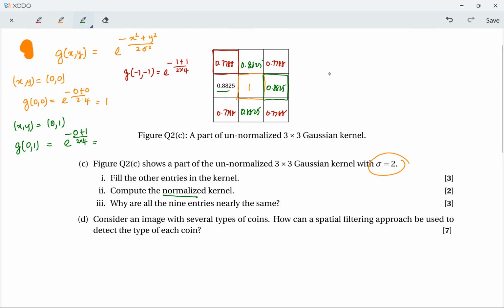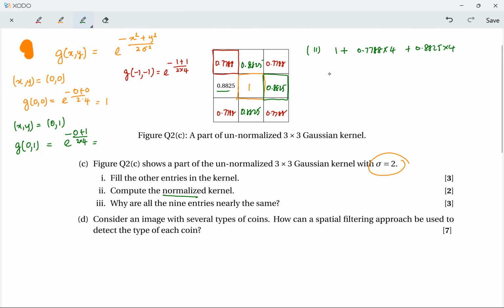Okay. Now compute the normalized kernel. To compute the normalized kernel, what we have to do is sum all these numbers. That means 1 plus 0.7788 times 4 plus 0.8825 times 4.